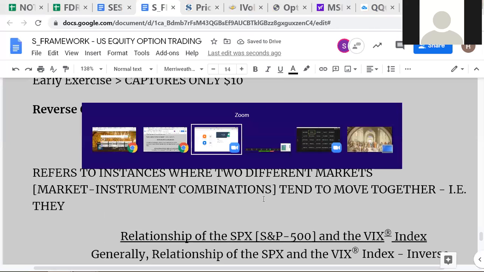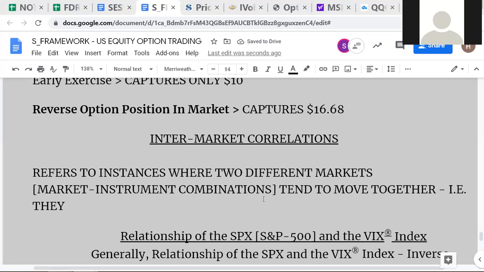So let's do a little quiz to see who is sleeping. Rashi, when I say two markets tend to move together, do they exhibit high correlation or low correlation?